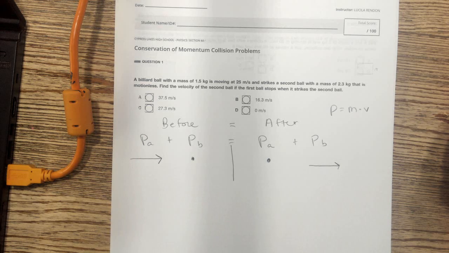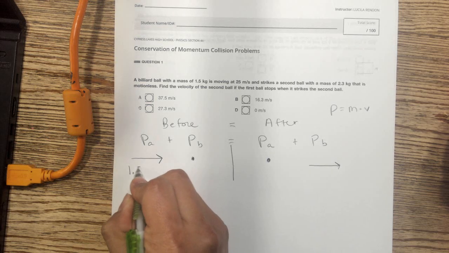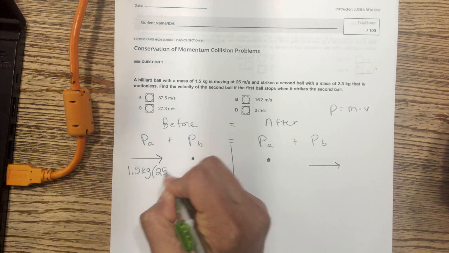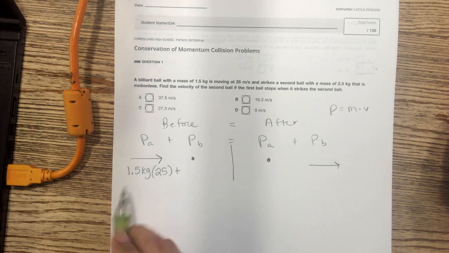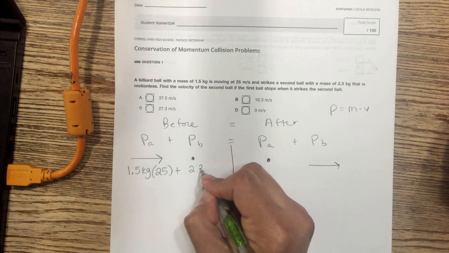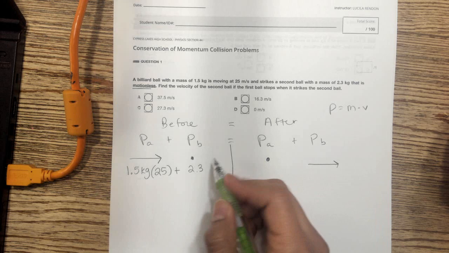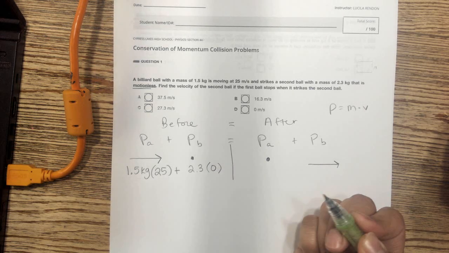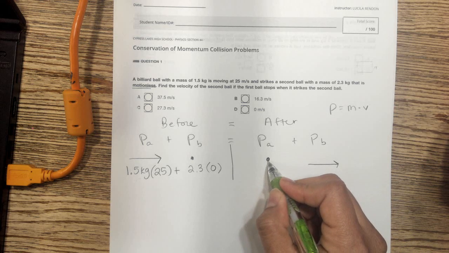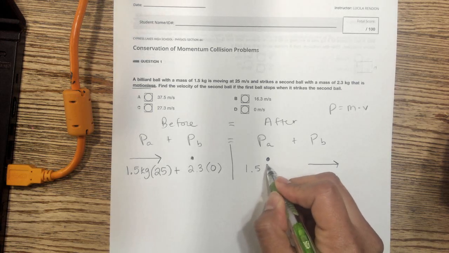And then let's start filling it out. The mass of the first ball is 1.5 kilograms, and it's moving at 25 meters per second, so its momentum can be found right here. The second ball's mass is 2.3, but it's motionless, which means its velocity is 0. After, the first ball stops, which means its momentum would be 0, but just to be clear, let's put its mass times its velocity.